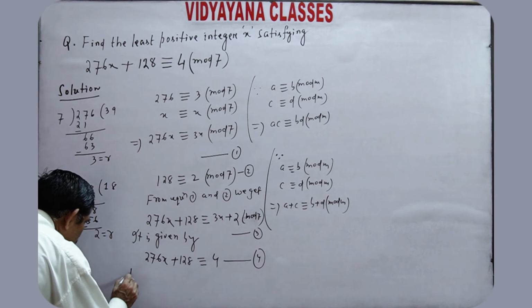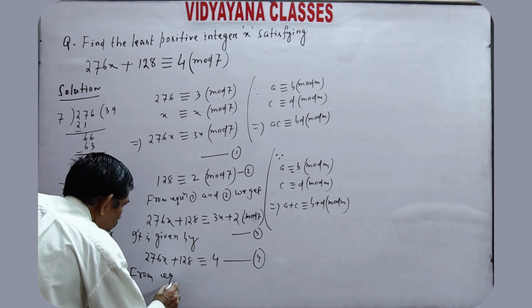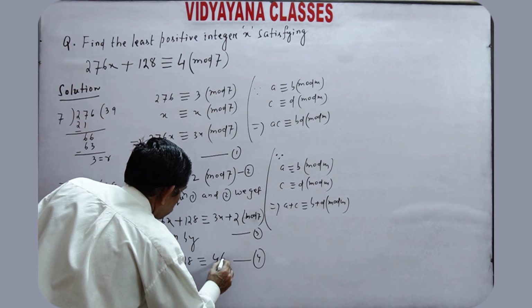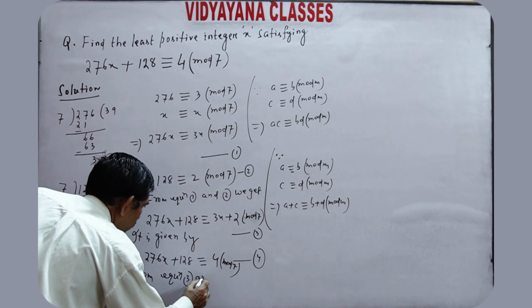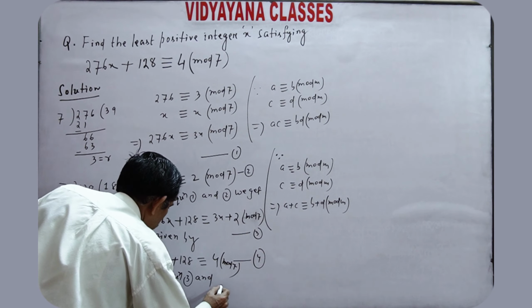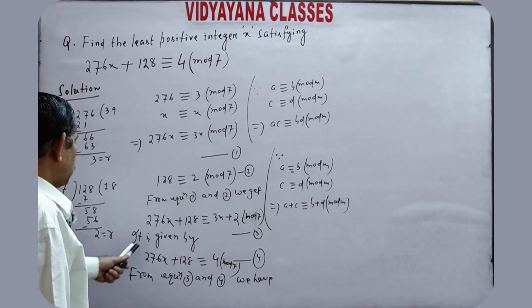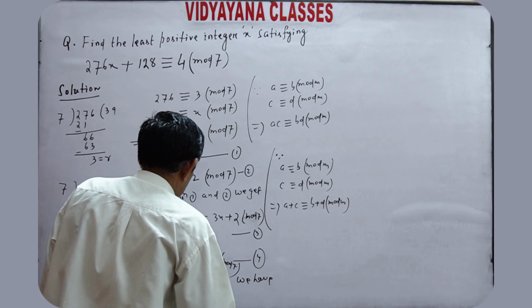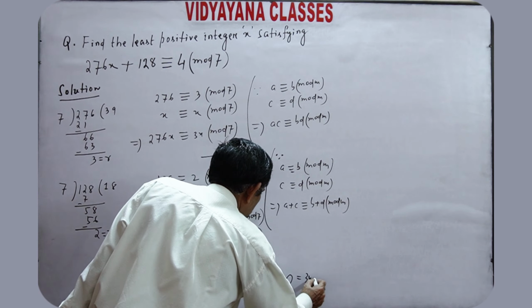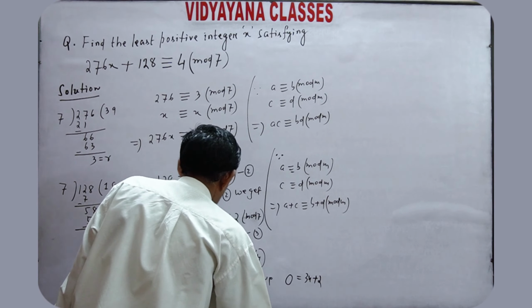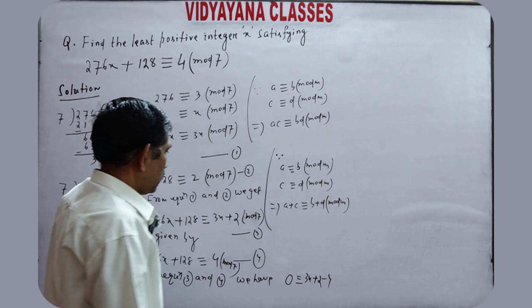From equations 3 and 4, the left side is the same, so 0 is congruent to 3x plus 2 minus 4 mod 7. This minus this.